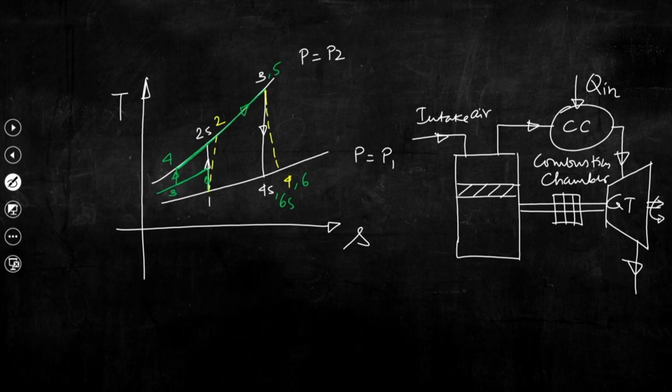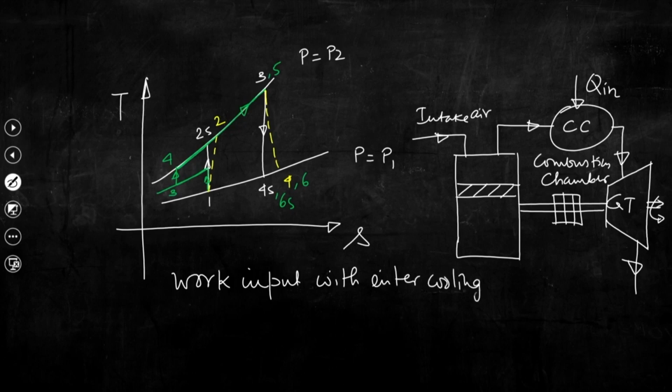So, what we can see from this particular depiction, what is the work input? Work input with intercooling is equal to Cp into T2 minus T1, say this is also 2 here, right.